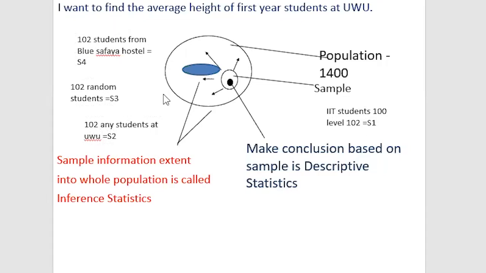I decided on 4 samples. And this is the IIT student. And this is random 102 students, any student.